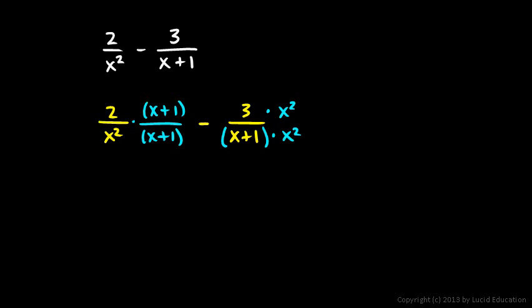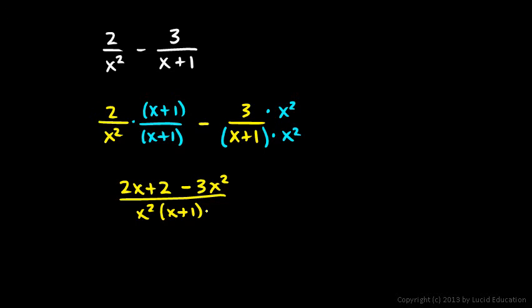So let's do that. And this right here, this is going to be 2x plus 2. Okay, then minus, and this is obviously going to be 3x squared. And all that will be over x squared times x plus 1.